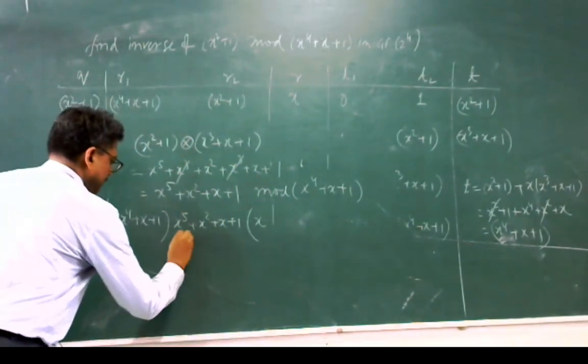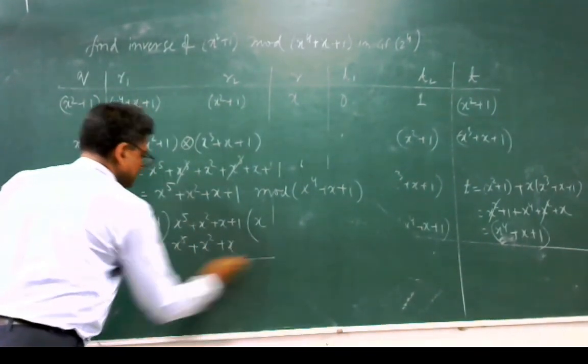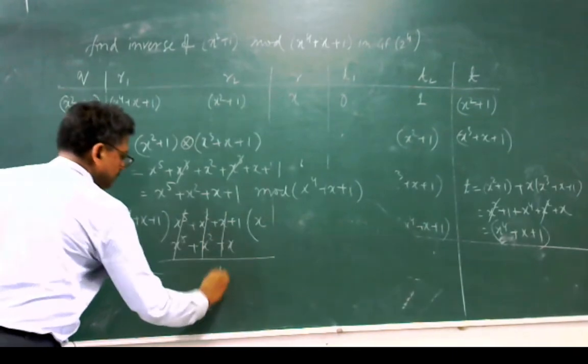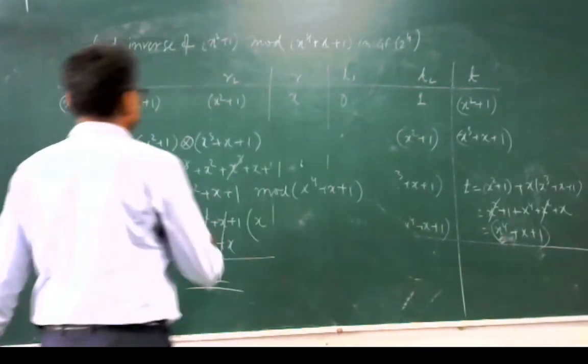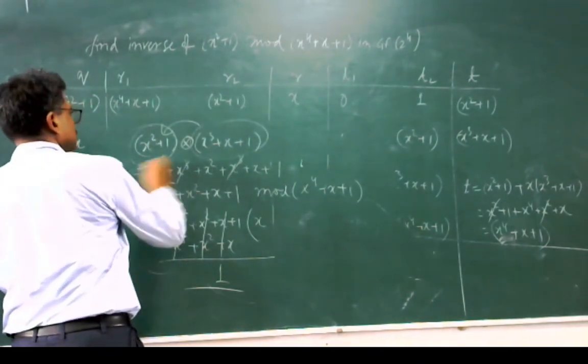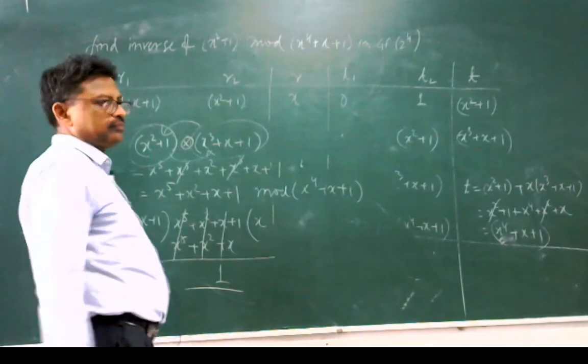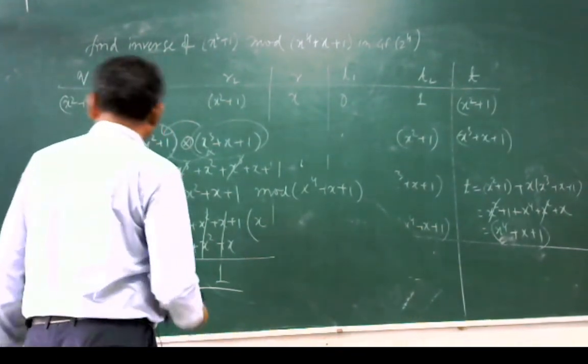So x to the power 5 plus x square plus x. This cancels out each other and you will be left with the remainder 1. So if the remainder is 1, it means this is the inverse of this one, or the inverse of this is this one. So that is how the multiplicative inverse is being found out.